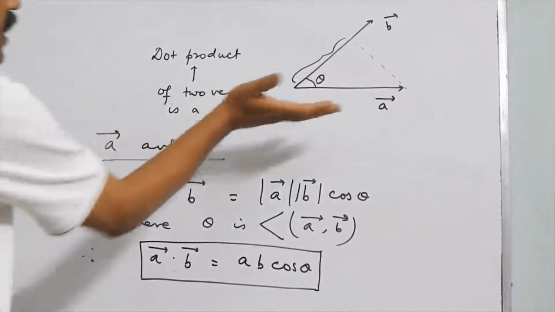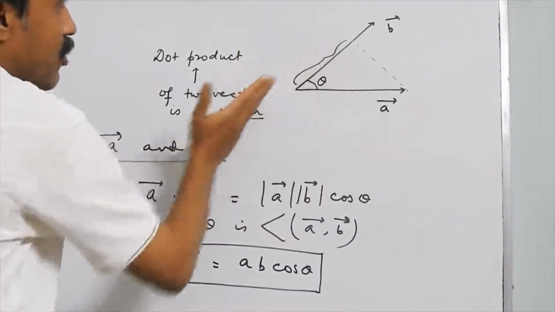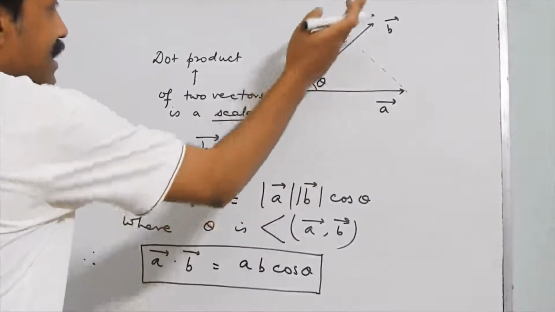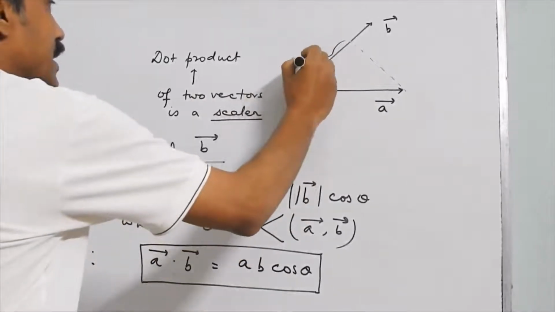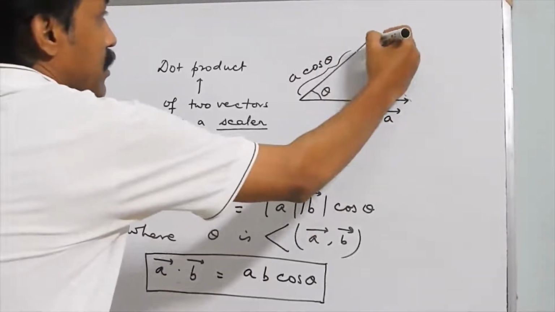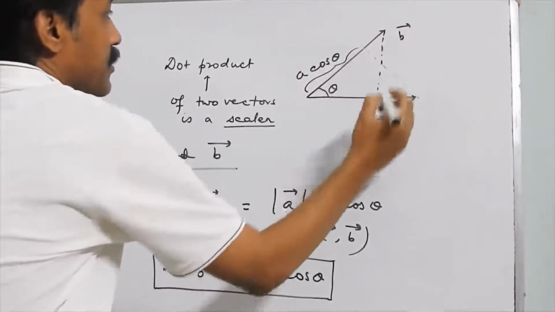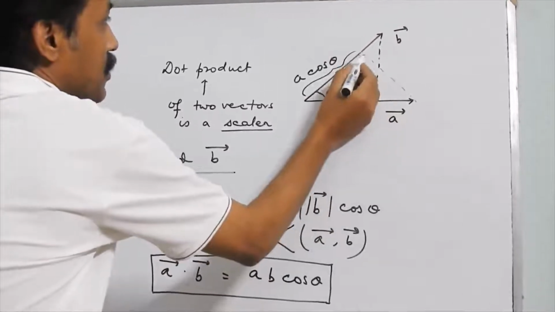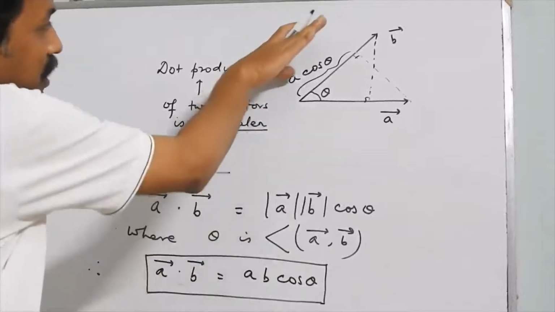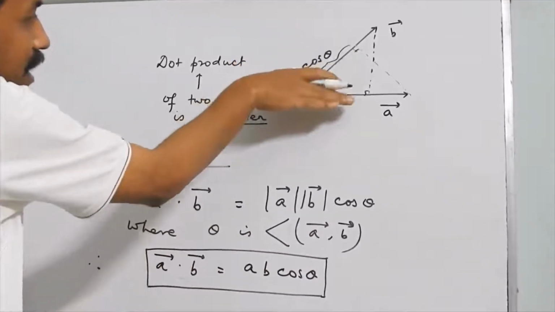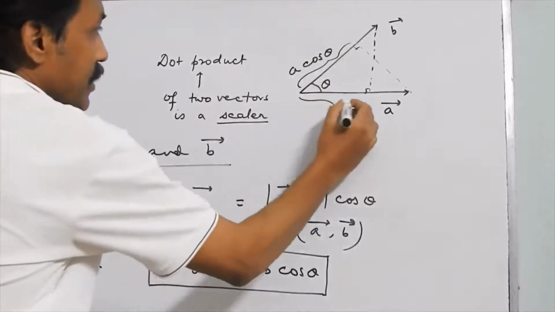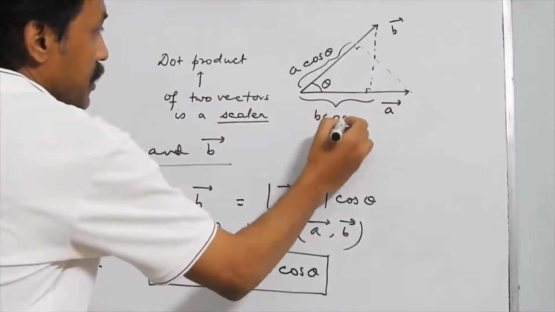That means if you are rotating a vector by an angle theta along b vector, that portion of a vector that will align itself with b vector is a cos theta. Similarly, if you draw a perpendicular from b on a, we will also get the projection of b vector on a vector. That means if you are rotating b vector by an angle theta along a vector, the portion of b vector that will align itself with a vector is b cos theta.